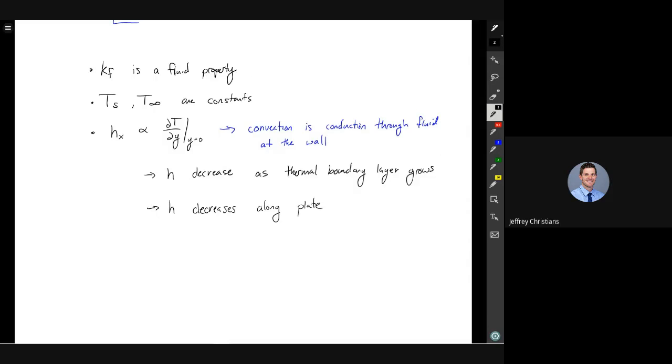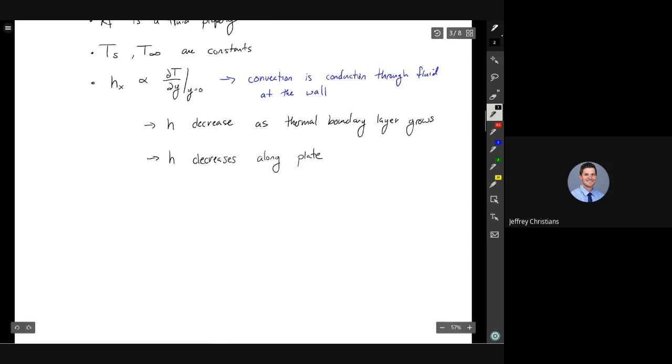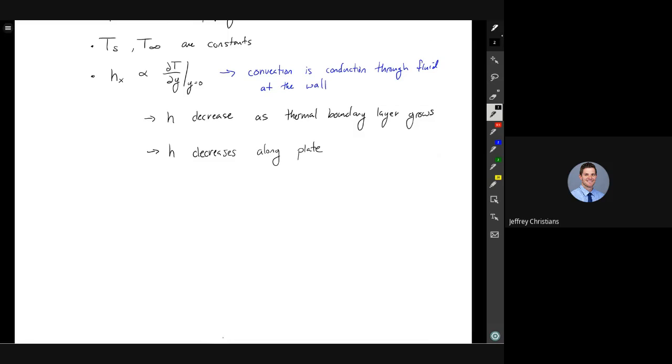So we'll look at how to find Q, given a function for H. So this is going to be an example of how we might do this.